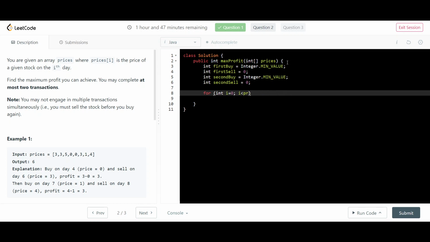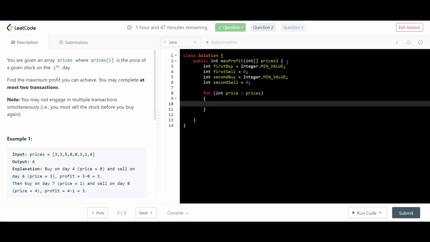Or rather, let's just do for each price in prices.